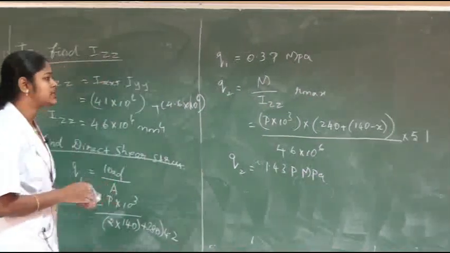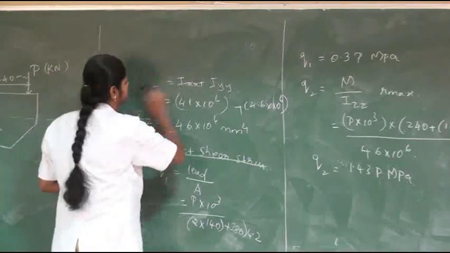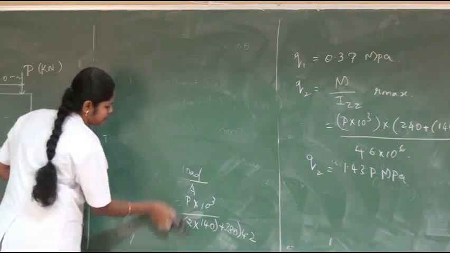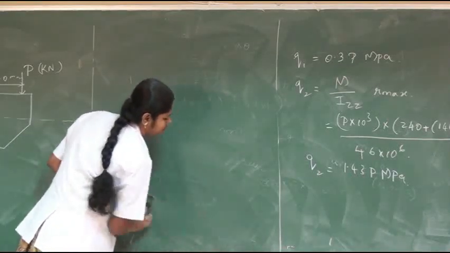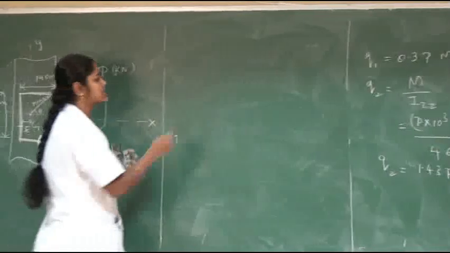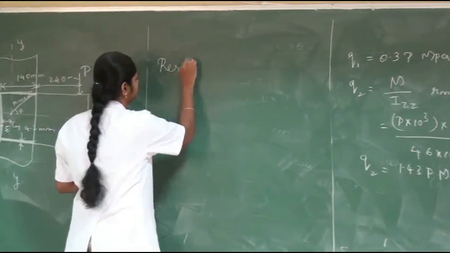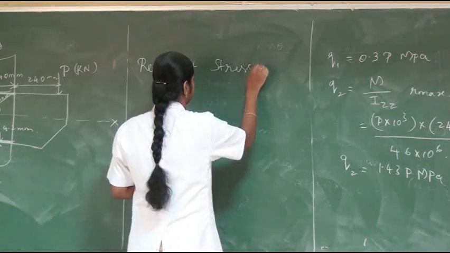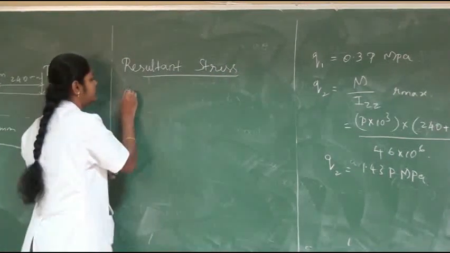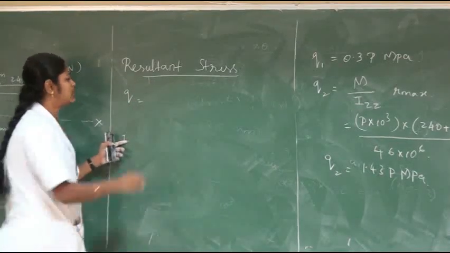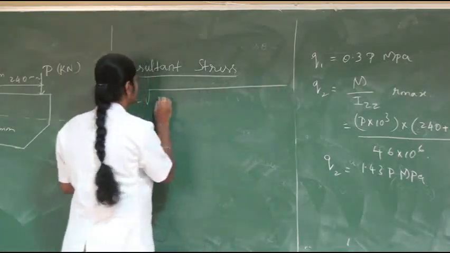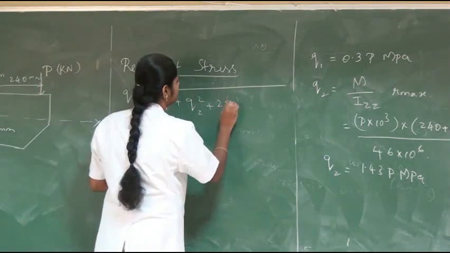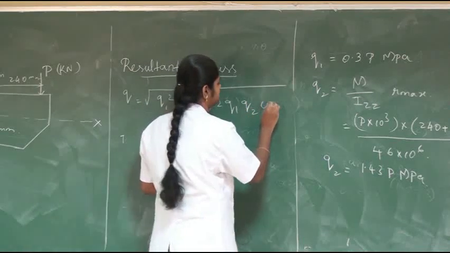Then we have to find the resultant stress, that is Q. For calculating Q, the formula is the root of Q1 squared plus Q2 squared plus 2 Q1 Q2 cos theta.